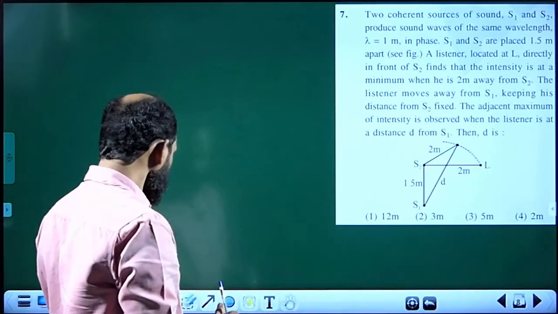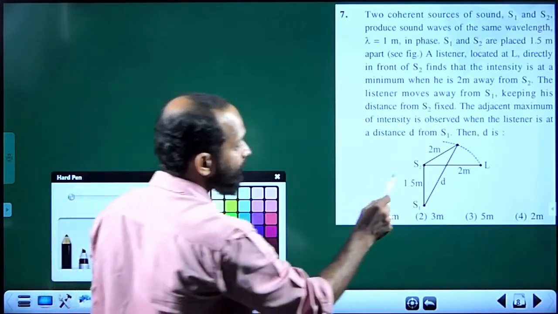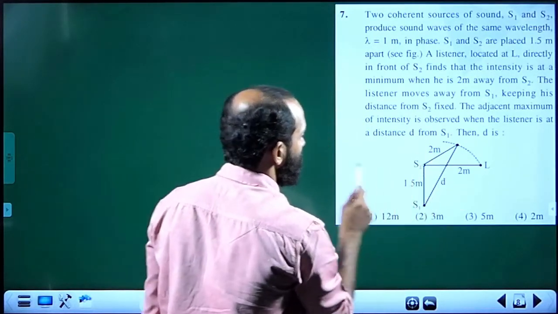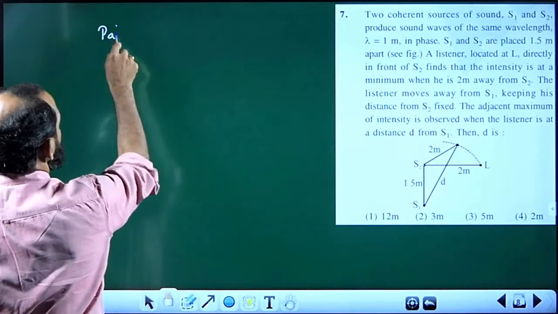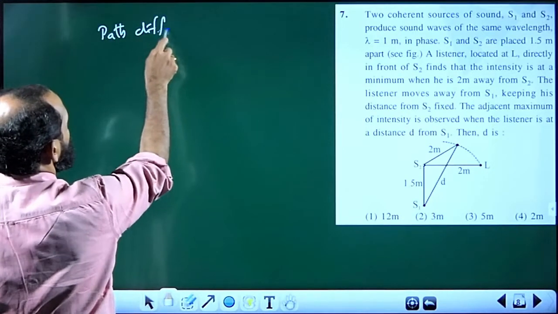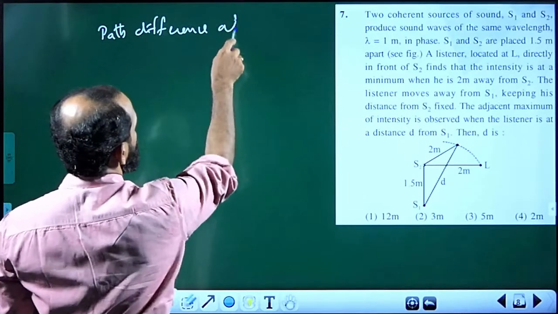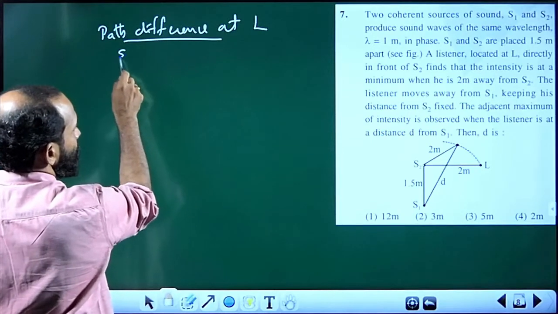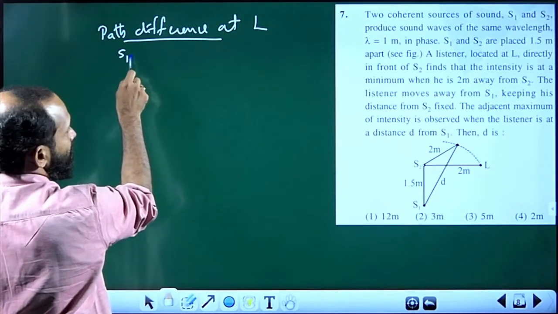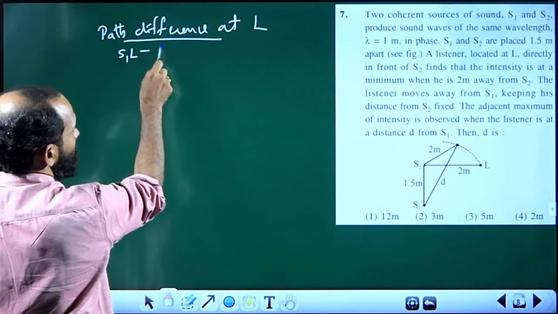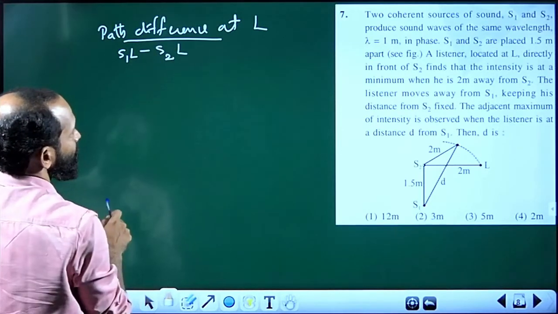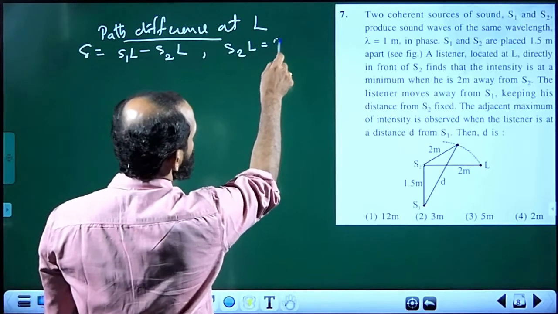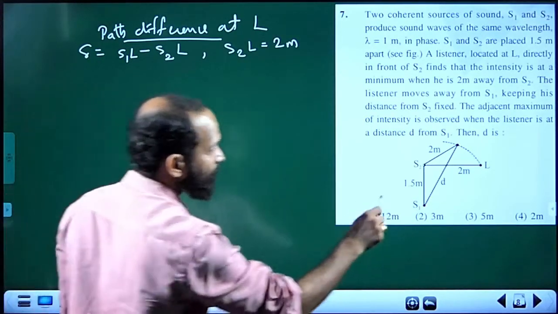Now, let us find the path difference between the waves from S2 and S1 at L. Path difference at L is equal to S1L minus S2L. We know S2L is equal to 2 meter, but S1L is not known to us.